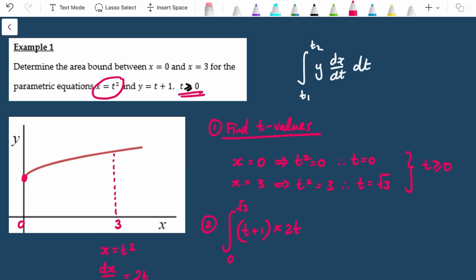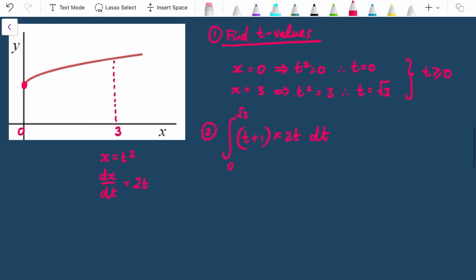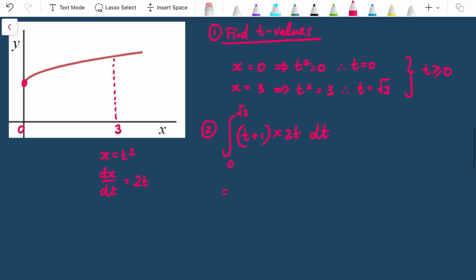So I'm timesing by 2t, and I'm integrating with respect to t. So if I expand this, I get the integral between root 3 and 0 of 2t squared plus 2t dt, and that becomes 2t cubed over 3 plus 2t squared over 2, which is just t squared, between root 3 and 0.